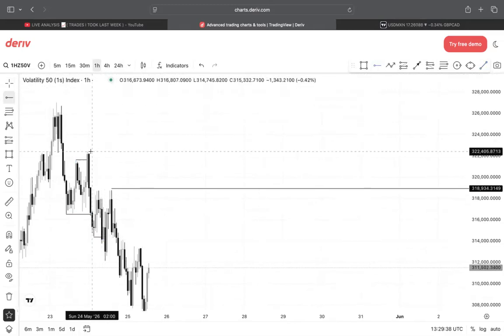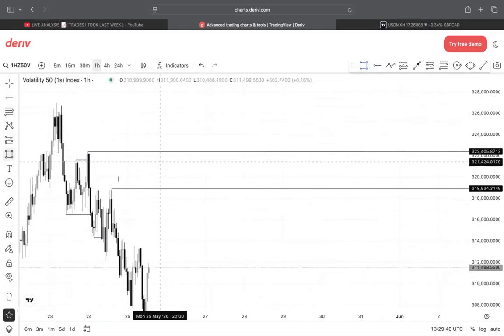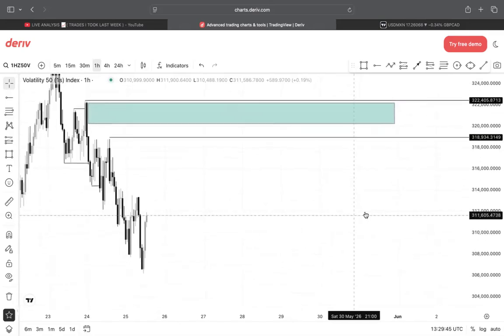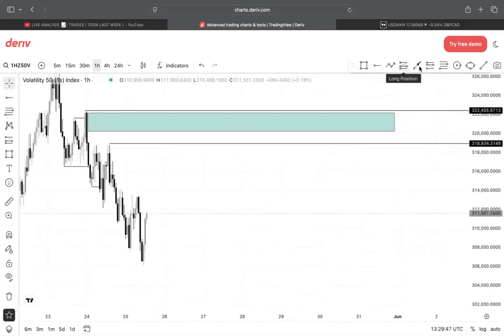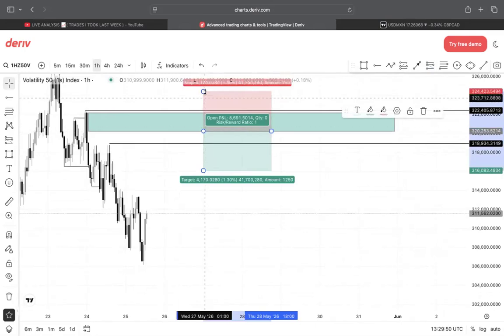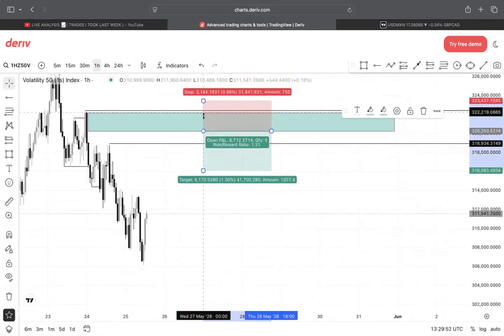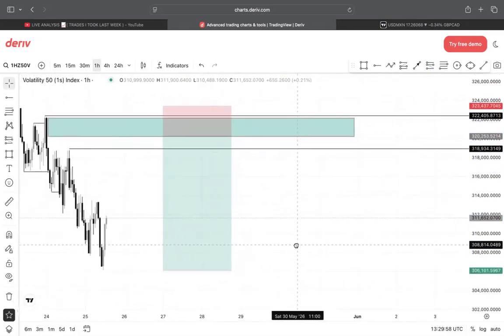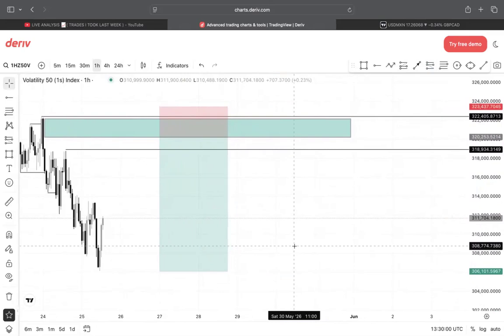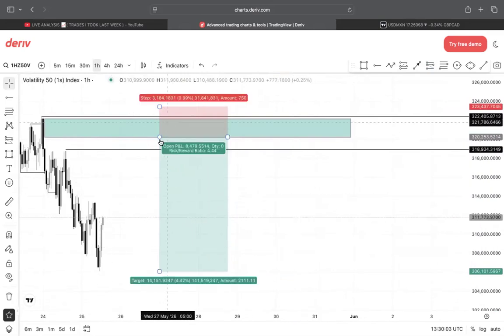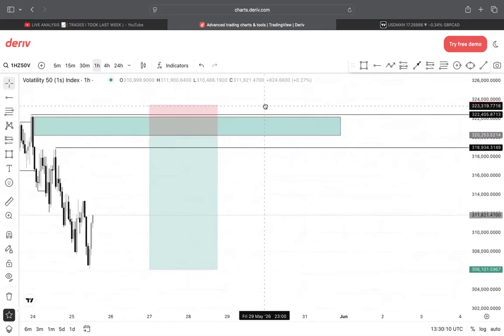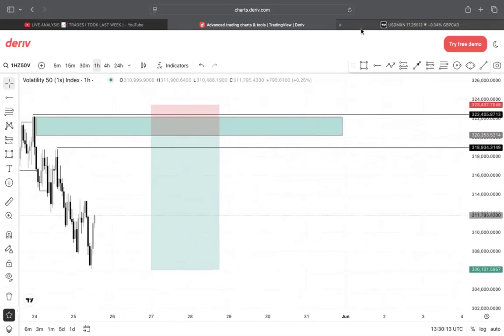So this is our protected high, and then we're waiting for price to come here and go to the downside, something like this. Stop loss a few pips above, and we have this as our take profit. So we're waiting for price to come here and then give us a valid confirmation, and then we enter for a sell. This is the only setup that I'm waiting for in synthetic indices.